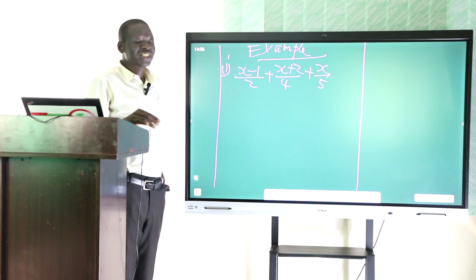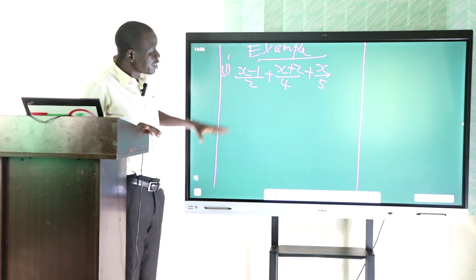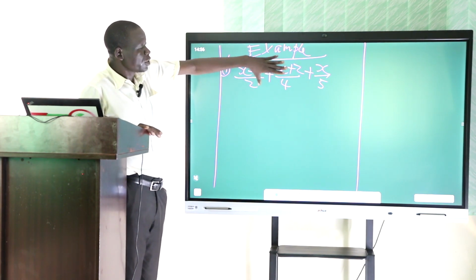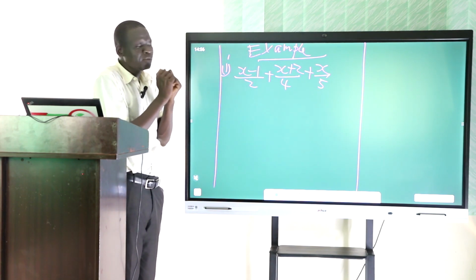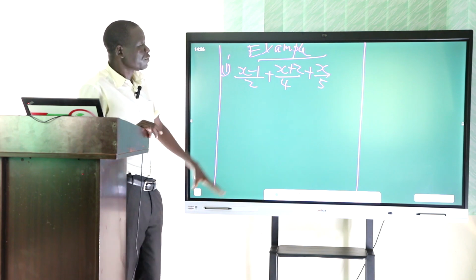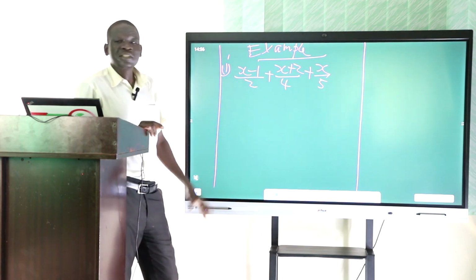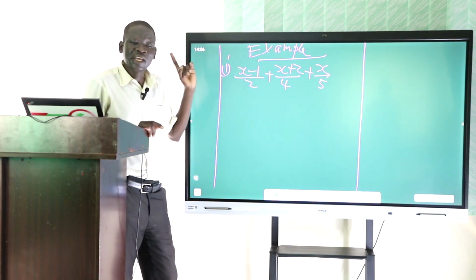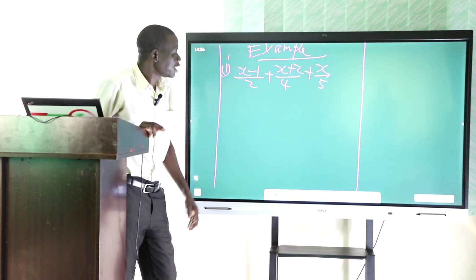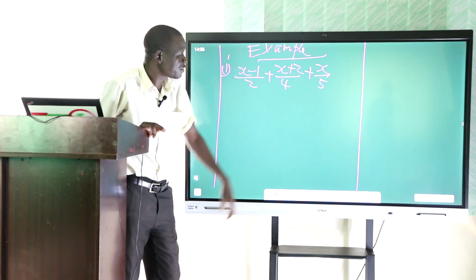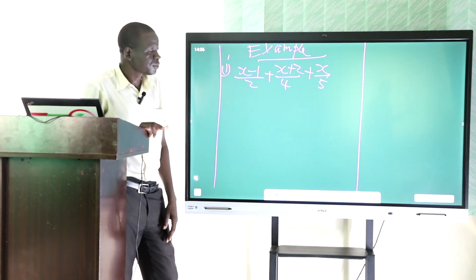We want to write this as a single fraction. To write it as a single fraction, we mean that they must have the same denominator. For it to have the same denominator, we have to find the LCM of 2, 4, and 5. The LCM of 2, 4, and 5 in this case is 20.